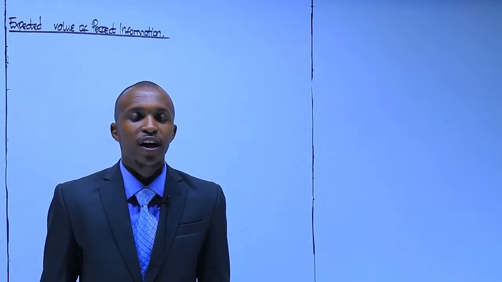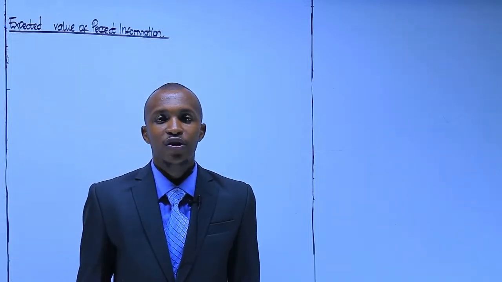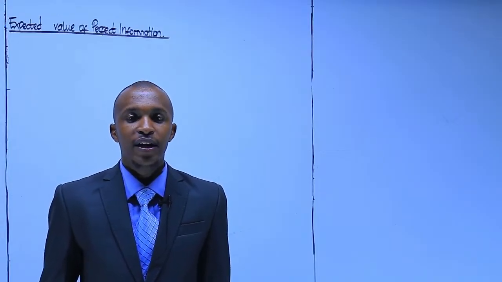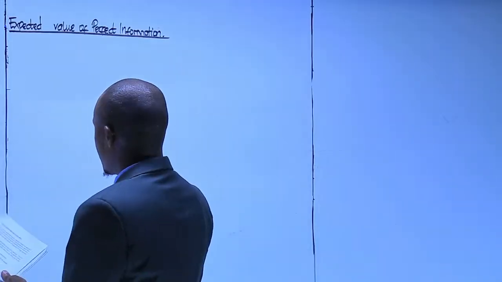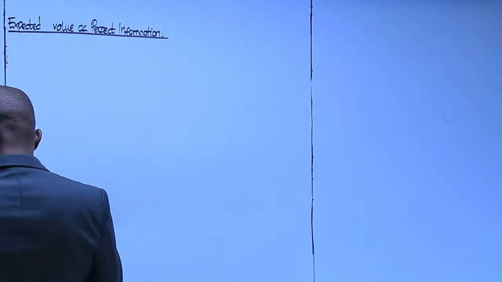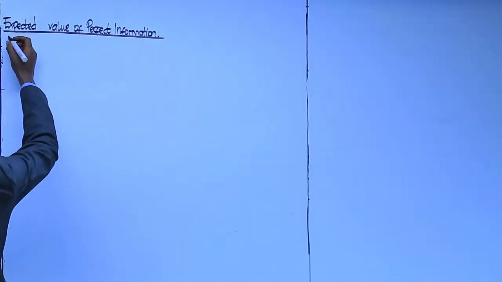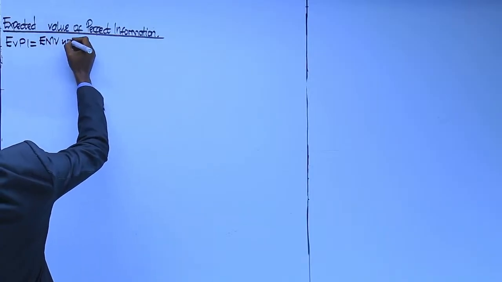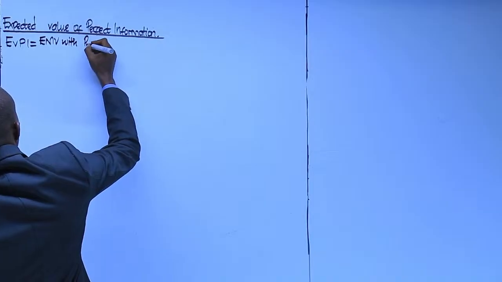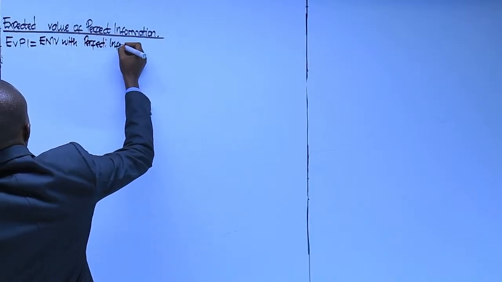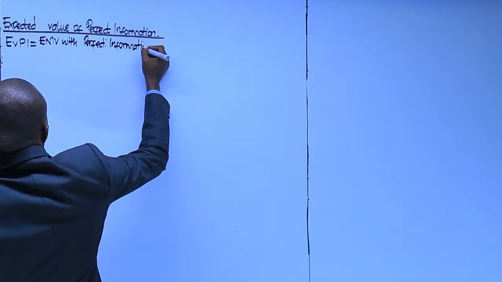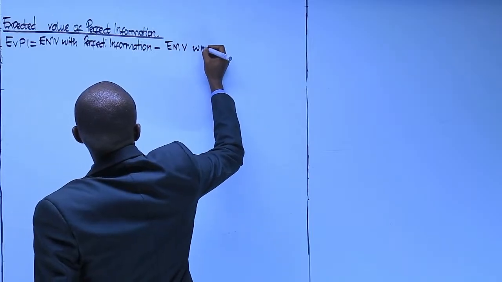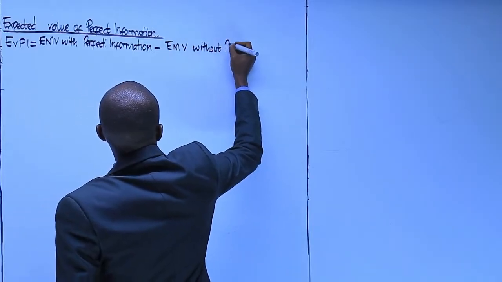Now, the expected value of perfect information is the value that you are going to get when you obtain perfect information. It can be determined by taking your expected monetary value with perfect information, minus your expected monetary value without perfect information.